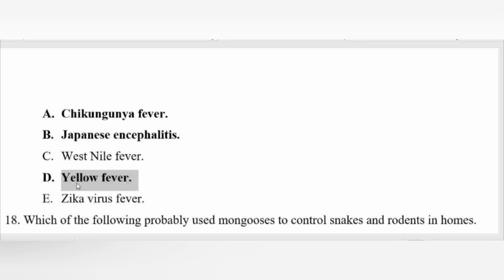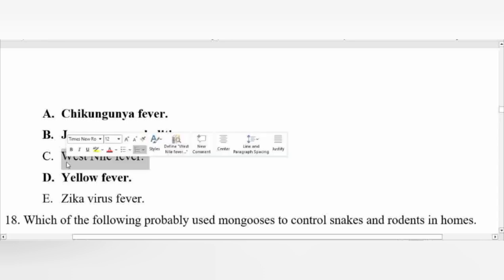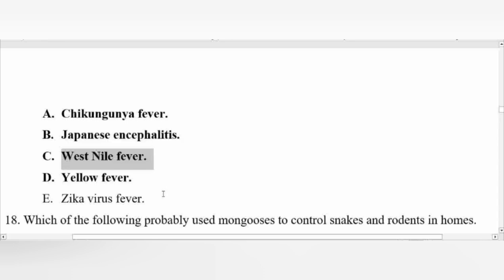You probably would want to contribute your quota as a scientist to help us roll back yellow fever. We don't want it again. It's not supposed to re-emerge. Then West Nile virus is also a mosquito-borne disease. Then Zika virus fever is also mosquito-borne.